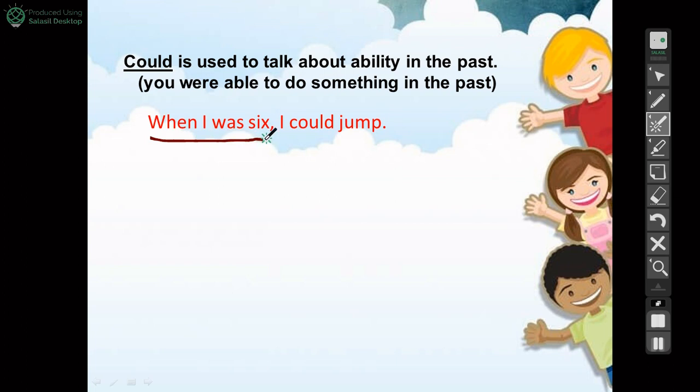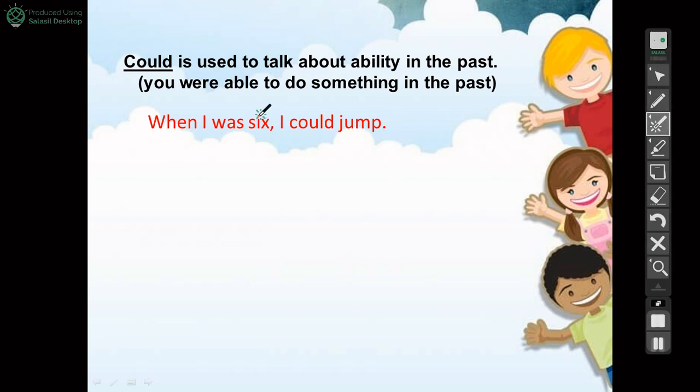Here, we talk about the ability of jumping, القدرة على القفز. Here, could means استطعت, and always after could we have an infinitive verb, jump, أي فعل مجرد من دون أي إضافة.